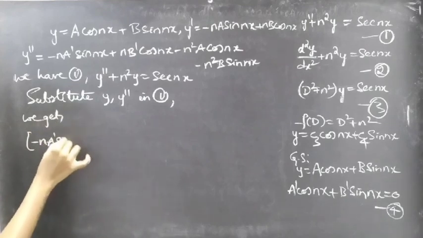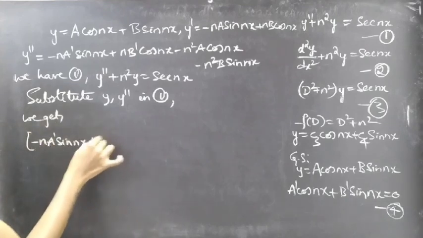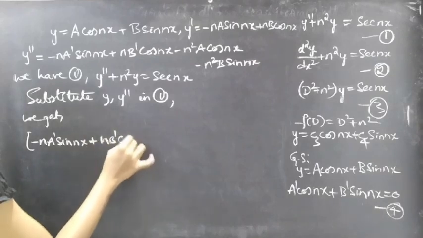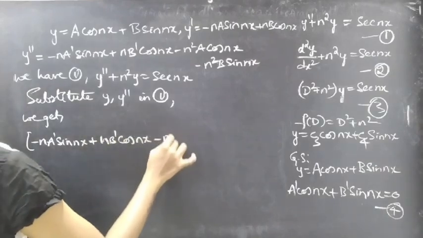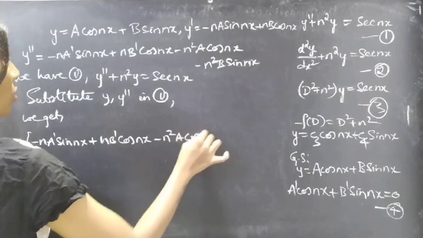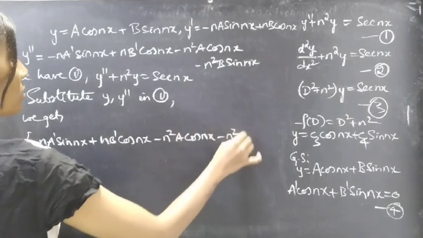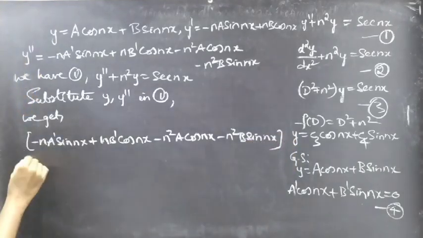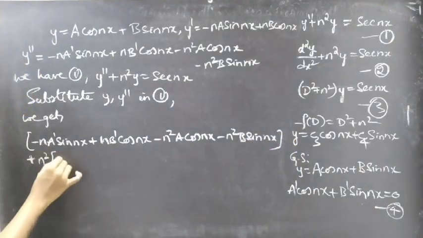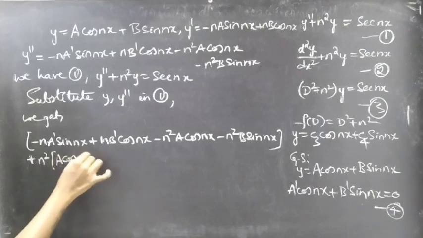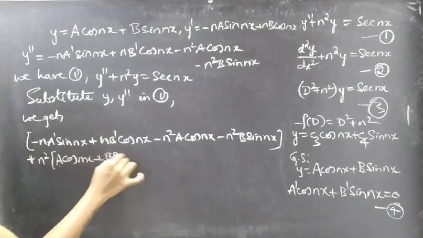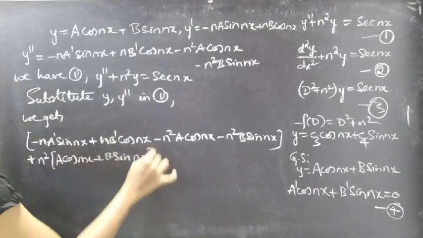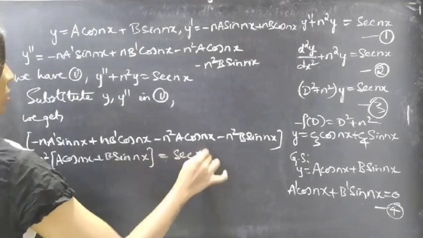Minus n a dash sin nx plus n b dash cos nx minus n square a cos nx minus n square b sin nx plus n square into y, a cos nx plus b sin nx, equal to secant nx.